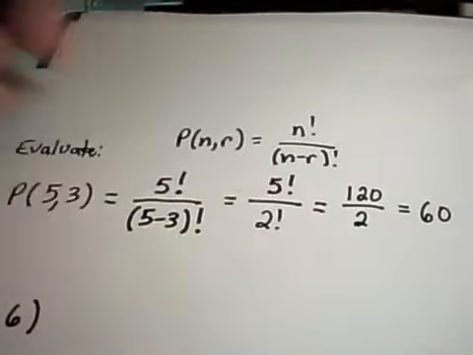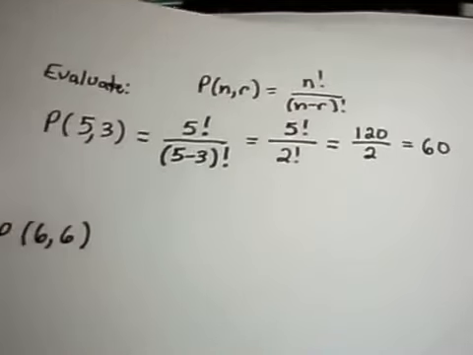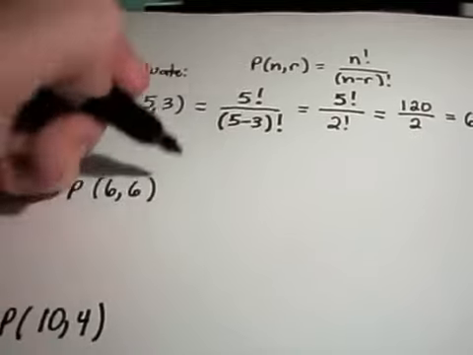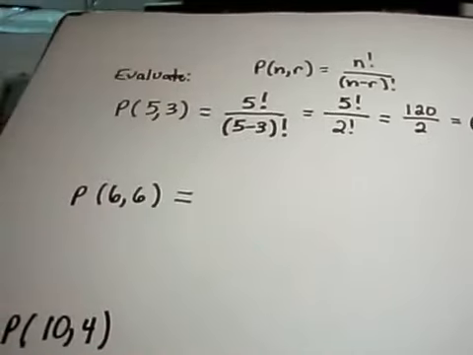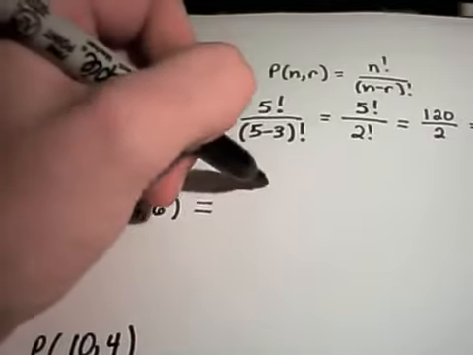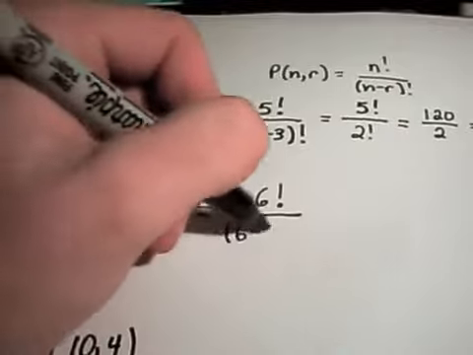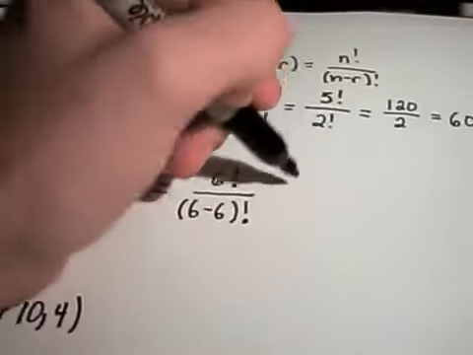Okay, so again, if you need to see some factorial stuff, take a look at my other video. I'm going to try to simplify these a little faster just so we can actually get to the actual word problems. So P(6,6): on top you have 6 factorial, then on the bottom you have 6 minus 6 factorial.